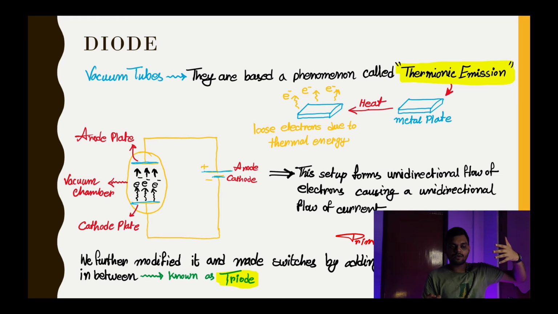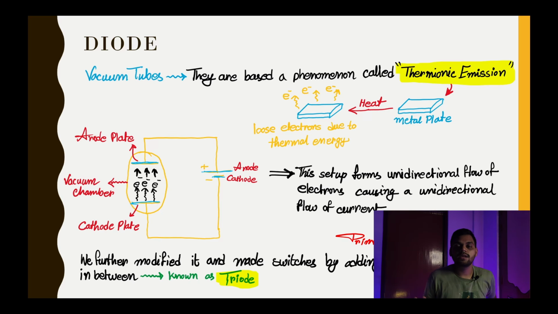The electron will be attracted towards the anode, and it will flow only in that direction.